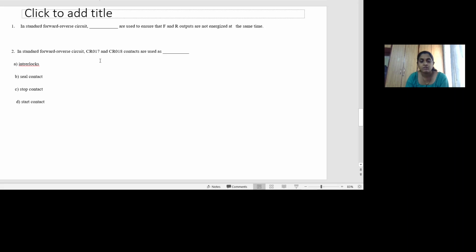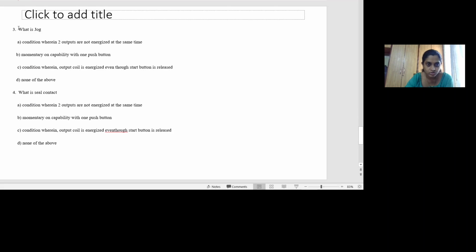It means that whenever coil 17 is energized, it will energize the contact CR17 also. If it is normally open, when it energizes, it will close. So here in this example, CR17 and CR18 contacts are used as interlocks. Interlocks mean two inputs cannot occur at the same time.